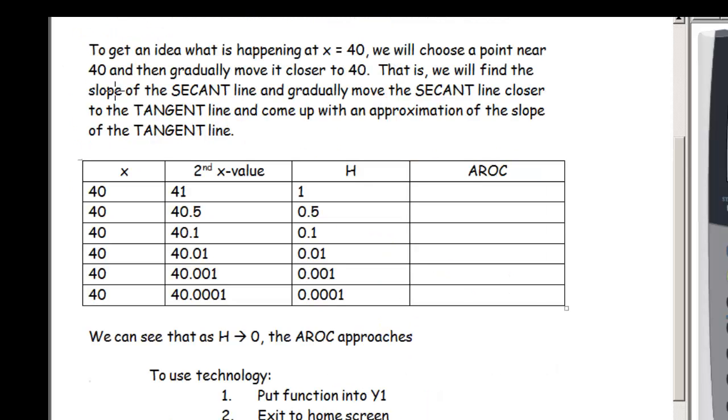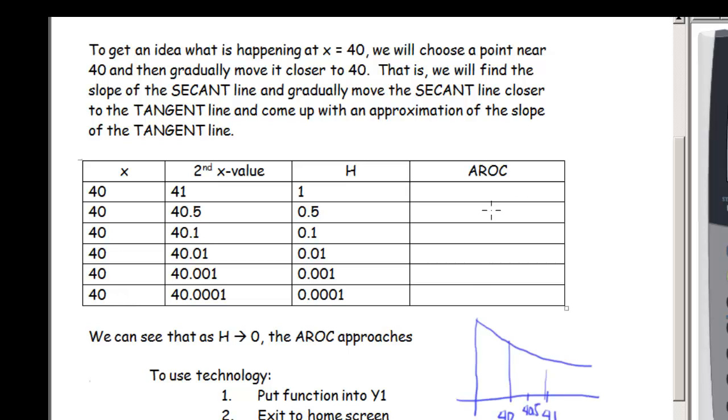So again, we are going to find the slope of the secant line between points that are getting closer and closer to the point we're looking at, x equals 40. So we're going to go, say, first from 40 to 41, and then maybe from 40 to 40.5. This second x value is going to be getting progressively closer to the point of tangency.